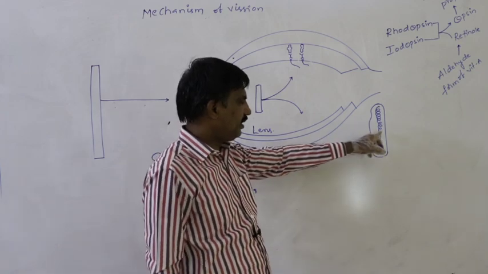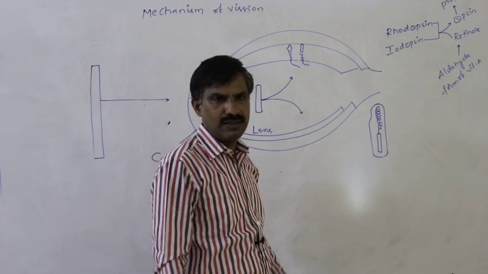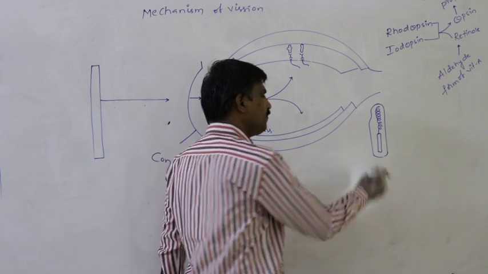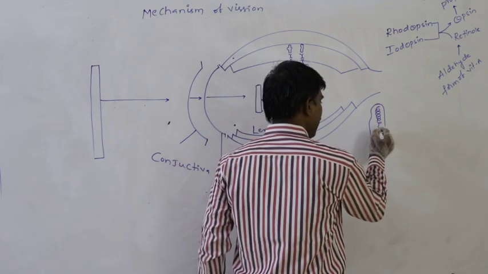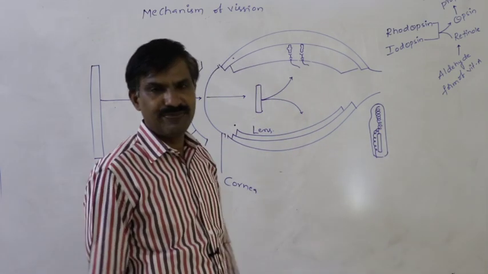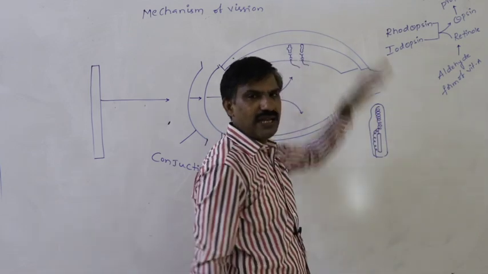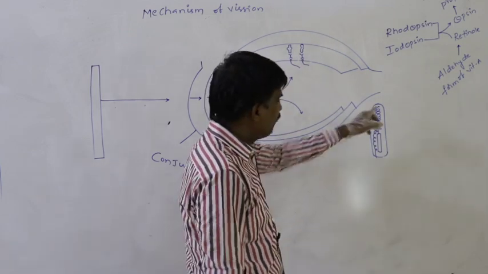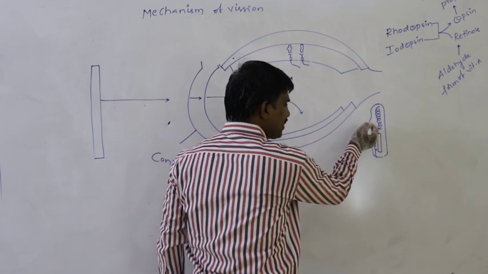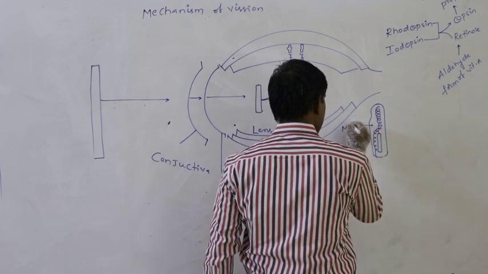Whenever the retinol is dissociated from the opsin, then opsin becomes elongated like this. By that way, photoreceptor cells become elongated. By that way, the membrane present in the photoreceptor cell allows inward movement of sodium into them.